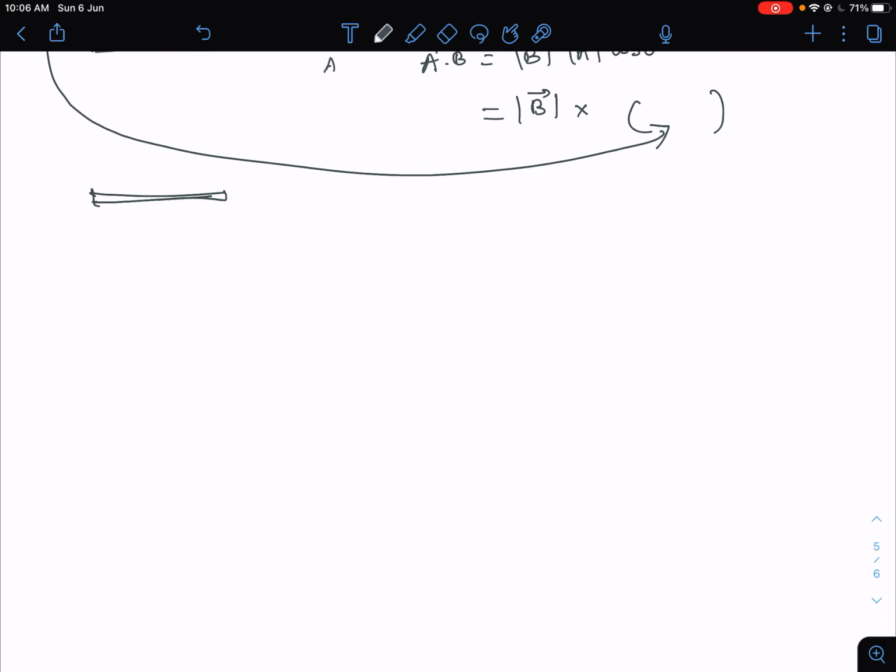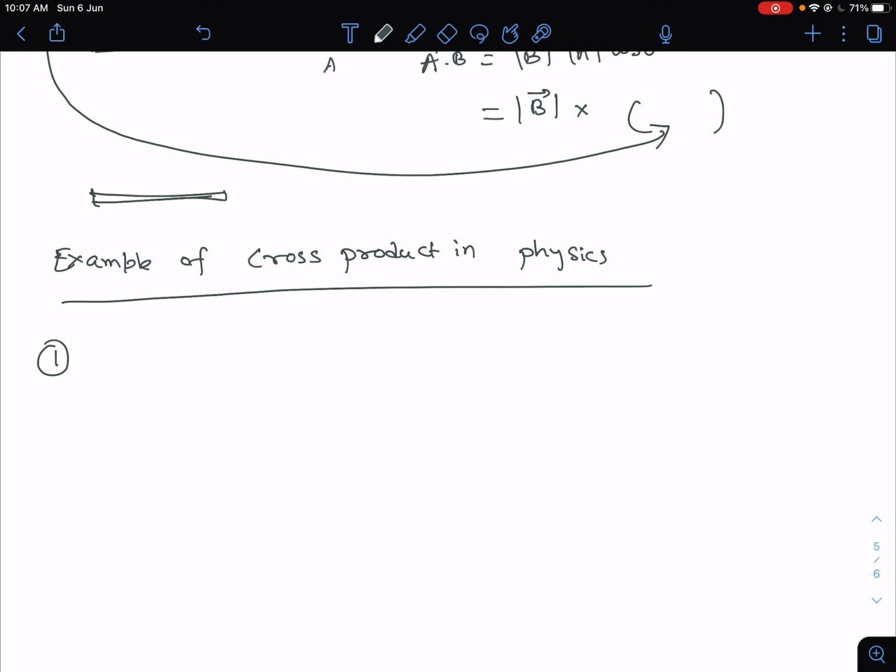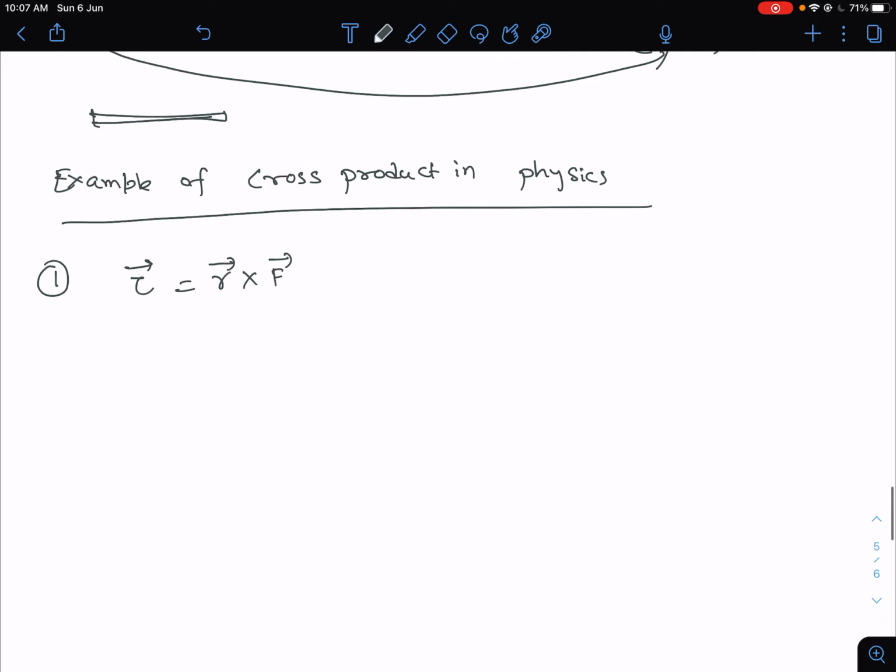Now, the examples of cross product in physics. The first example is torque, which is defined as R cross F. What is torque?